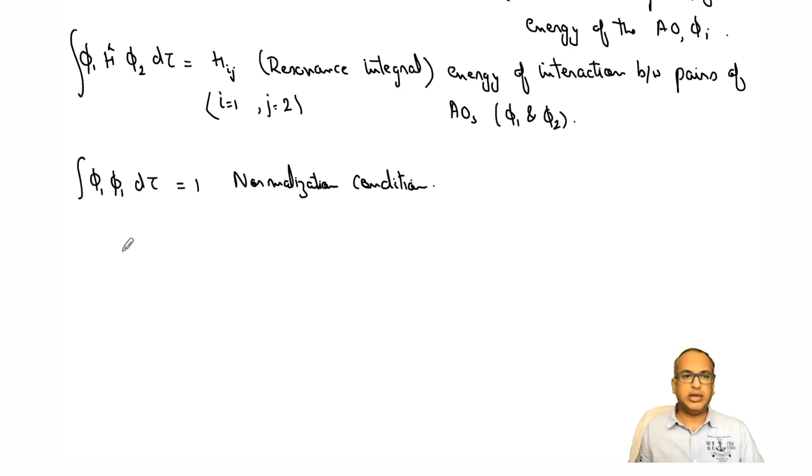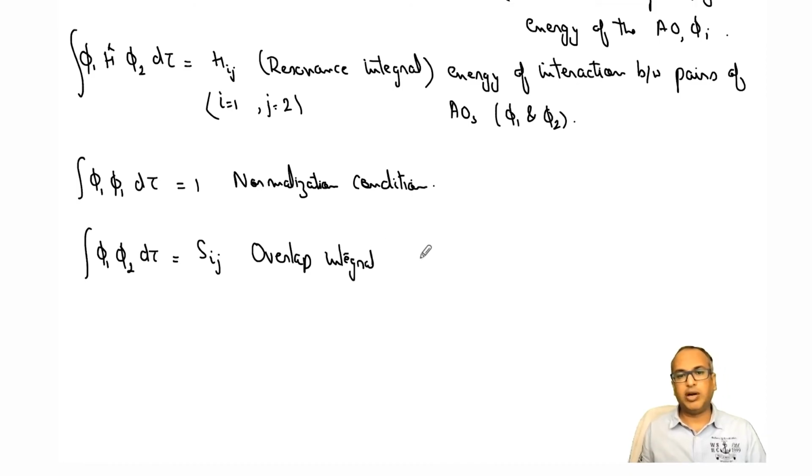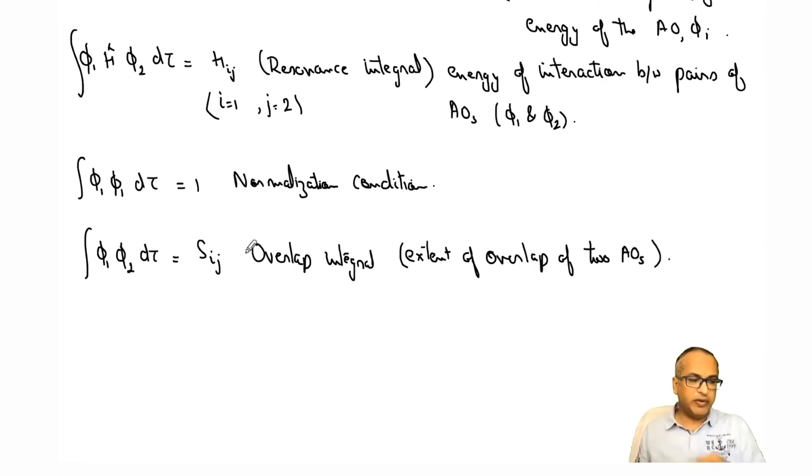We also have the integral of phi 1 phi 2 d tau, and this is called Sij, which is called the overlap integral. What is the extent of overlap? It tells you about the extent of overlap of two atomic orbitals, in this case phi 1 and phi 2.